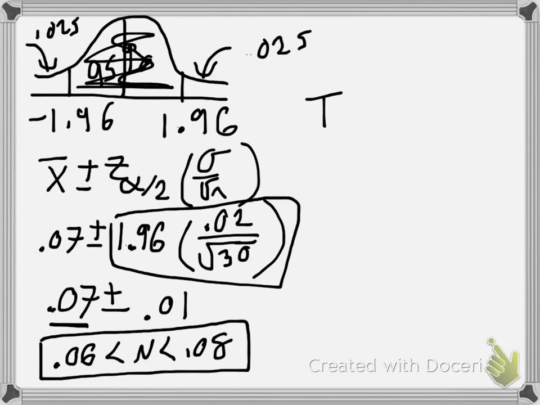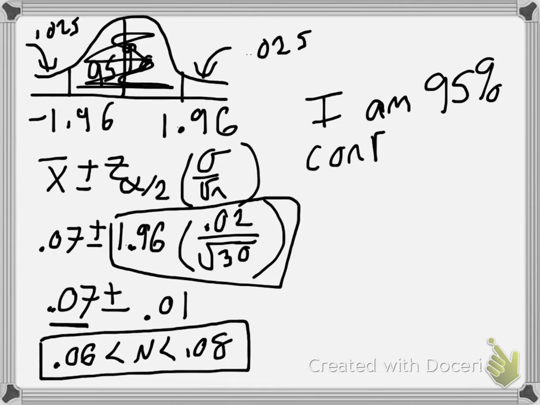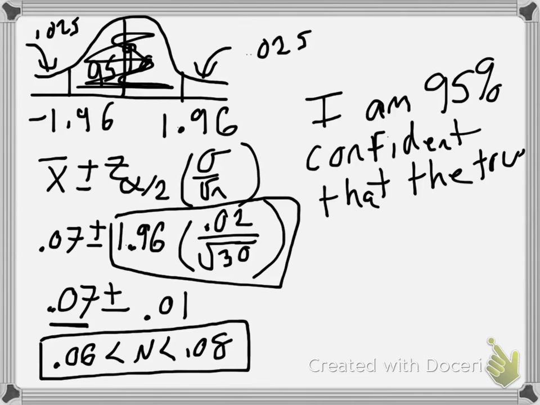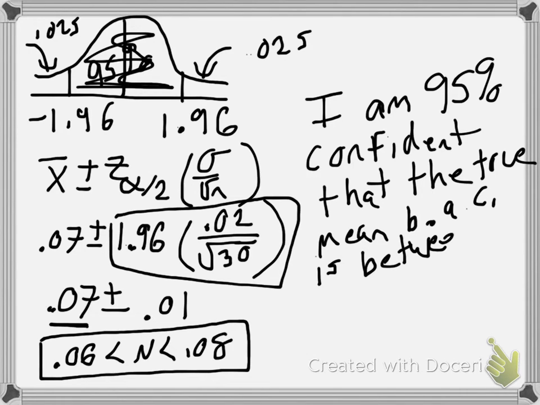So I am 95% confident that the true mean BAC, also known as blood alcohol content, is between 0.06 and 0.08.